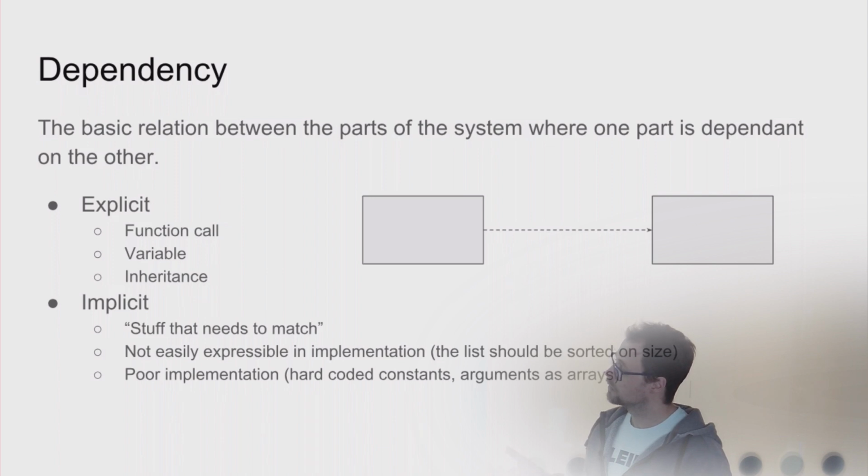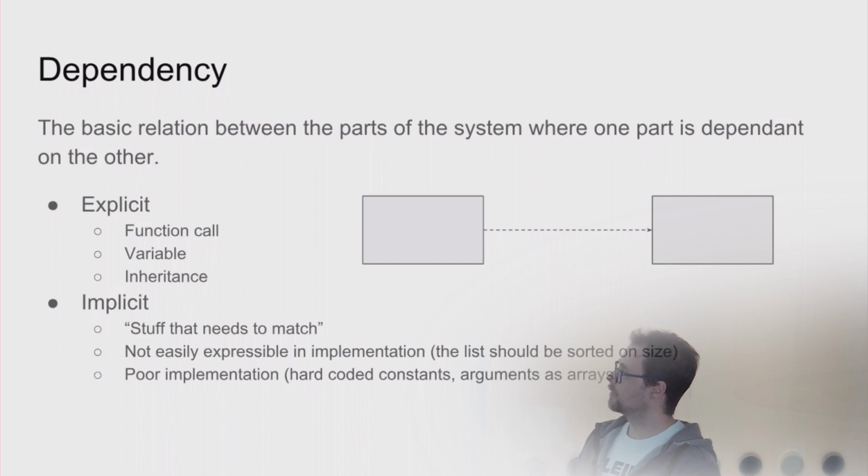To think about it easily, we can think about it like the first box cannot function without the code in the second box. So if we would, for example, like to reuse the stuff in the first box, we need to either try to remove this dependency, or we need to take the other box also in this reuse situation. Okay?